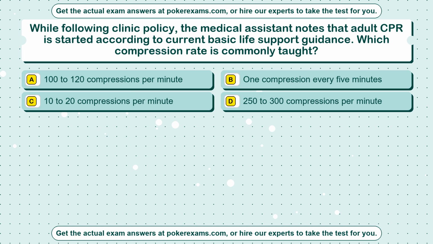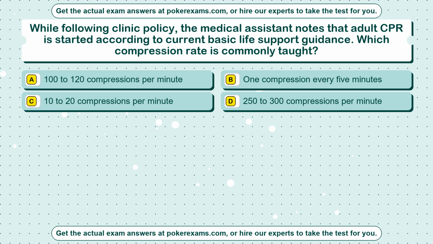Question 70. While following clinic policy, the medical assistant notes that adult CPR is started according to current basic life support guidance. Which compression rate is commonly taught? Option A, 100 to 120 compressions per minute. Option B, 1 compression every 5 minutes. Option C, 10 to 20 compressions per minute.